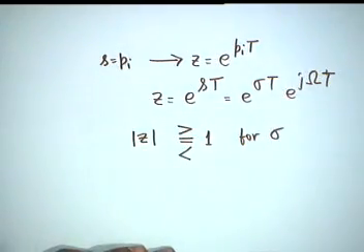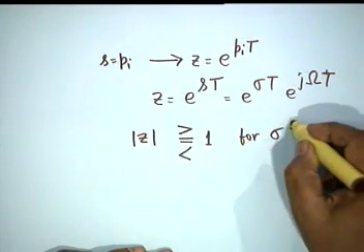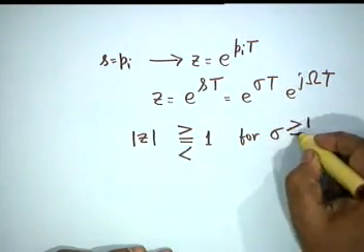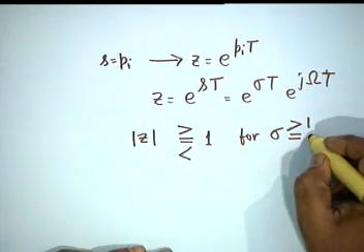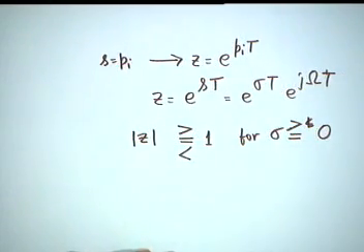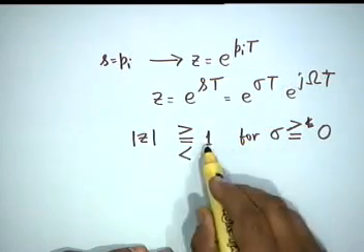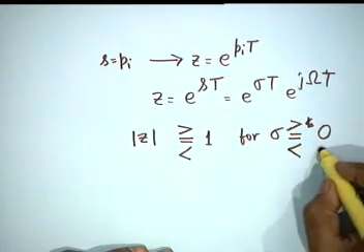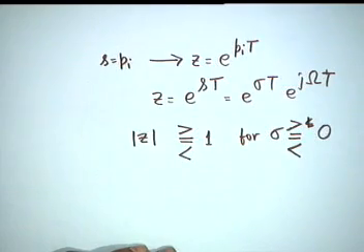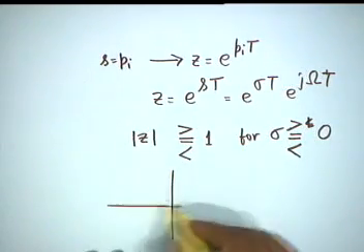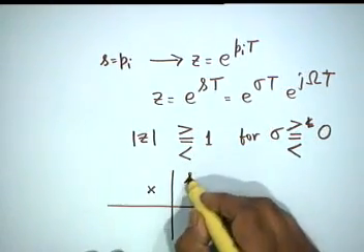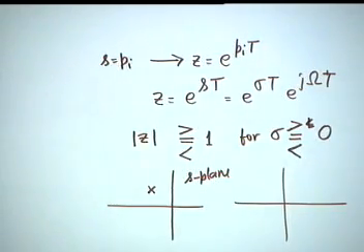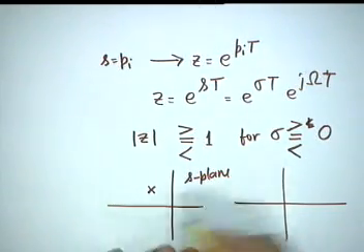It would be greater than 1 if sigma is greater than 0. It is equal to 1 when sigma is equal to 0, and it is less than 1 if sigma is less than 0, which means that a pole in the left half of the s plane transforms to a pole inside the unit circle.